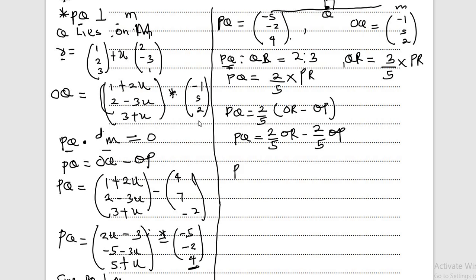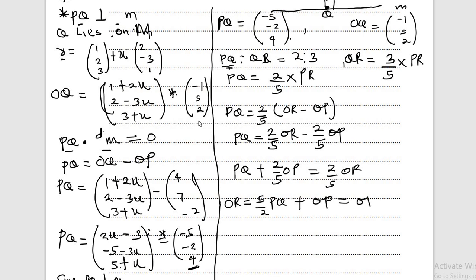So PQ plus 2 over 5 OP will equal 2 over 5 OR. At the end of the day, make OR the subject of the formula. So OR will now be 5 over 2 PQ plus OP.